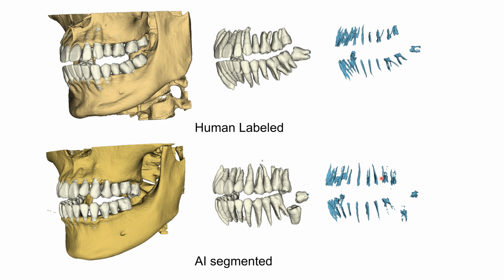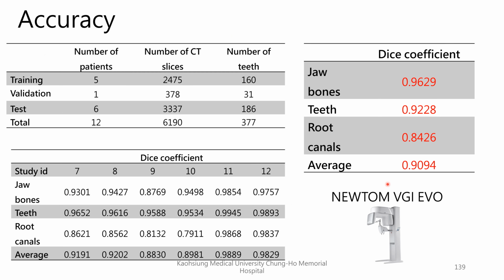It looks kind of broken or a little separated, and the anatomy is not complete. So here is my outcome: jawbone is 96%, tooth is 92%, and root canal is 84%. The root canal is more difficult.